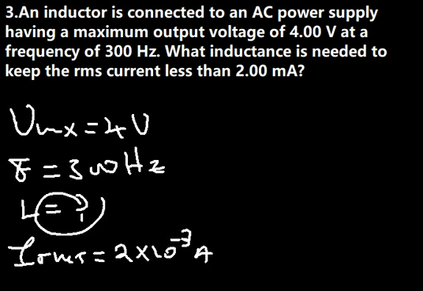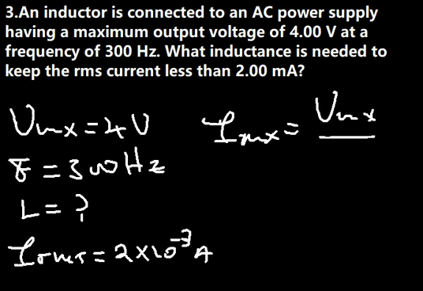So how should you get the inductance if that's the case? According to the given parameters, the concept behind the inductance will be expressed using this formula: Imax is equal to Vmax divided by XL.